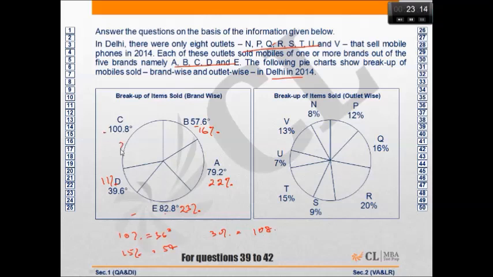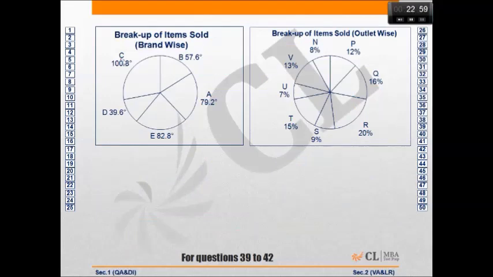Let me just confirm. 28 and 16, 44, 54, 64, 66, and 34, 100%. Great. So let me write that down. 28, 16, 22. This is 23% and this was 11%, 13.6.